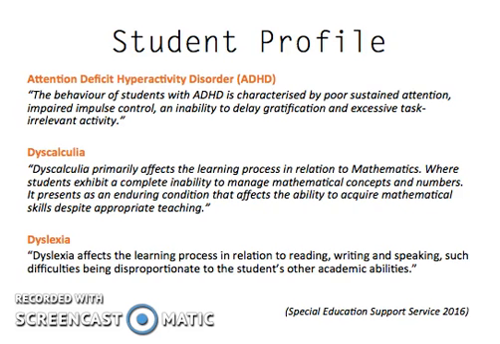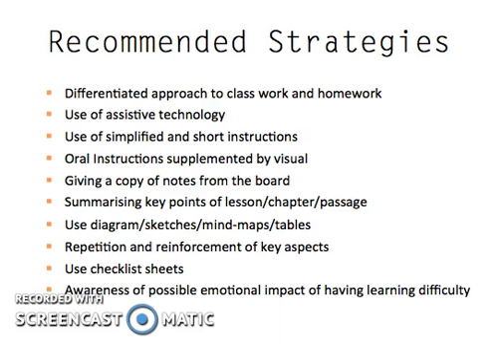It presents as an enduring condition that affects the ability to acquire mathematical skills despite appropriate teaching. Mary also has dyslexia. Dyslexia affects the learning process in relation to reading, writing, and speaking, such difficulties being disproportionate to students' other academic abilities.